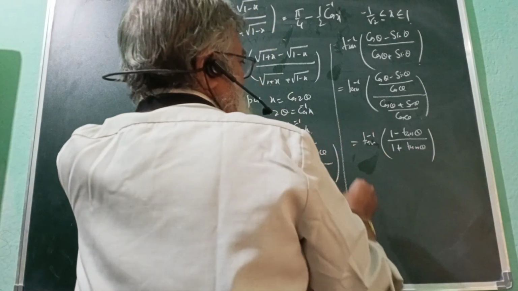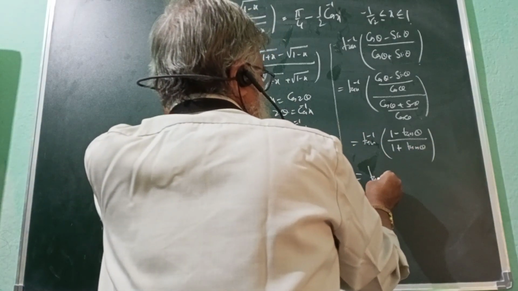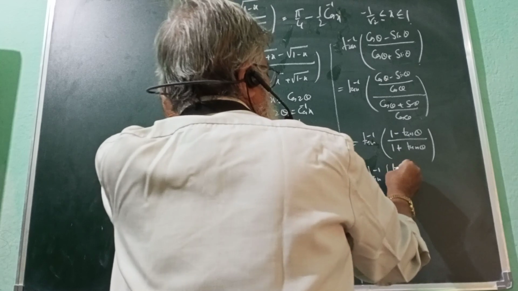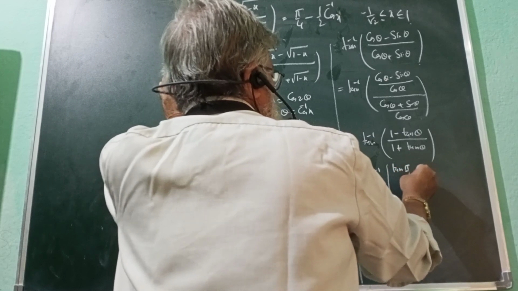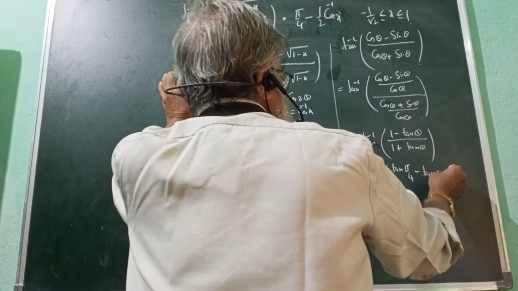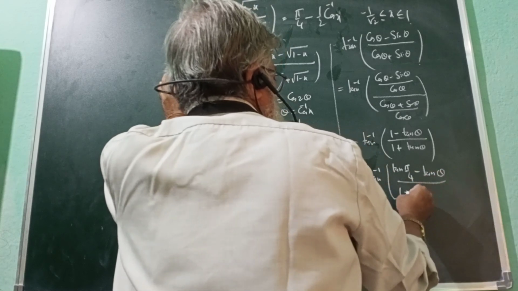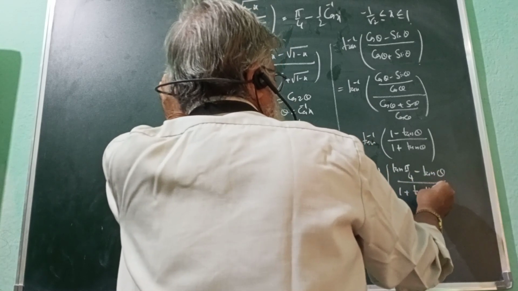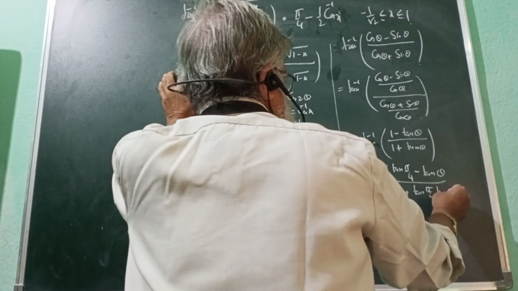Now we adjust it here, that is tan inverse, 1 can be written as tan 45 minus tan theta divided by 1 plus tan pi by 4 into tan theta.